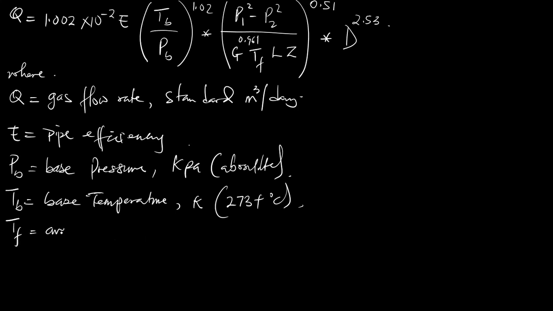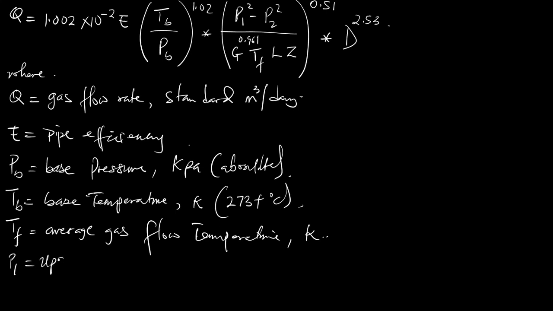Then TF is what we could call the average gas flow temperature. This is in Kelvin. Now we also have P1, which is the upstream pressure.